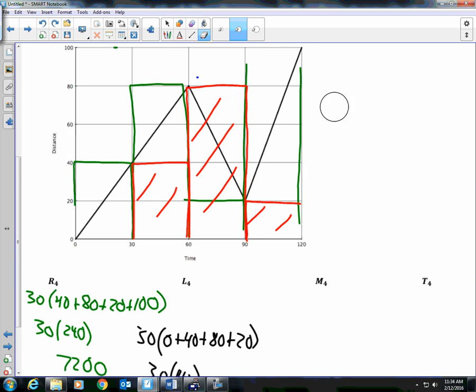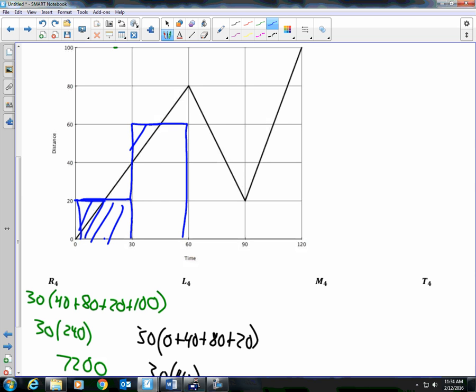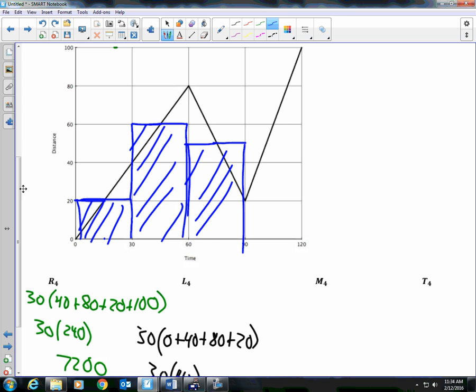Midpoint. At what spot do I evaluate the height for this midpoint of this rectangle? 15, so it looks like this will be my first rectangle. I evaluate 45. I evaluate at 75. Evaluate at 105.